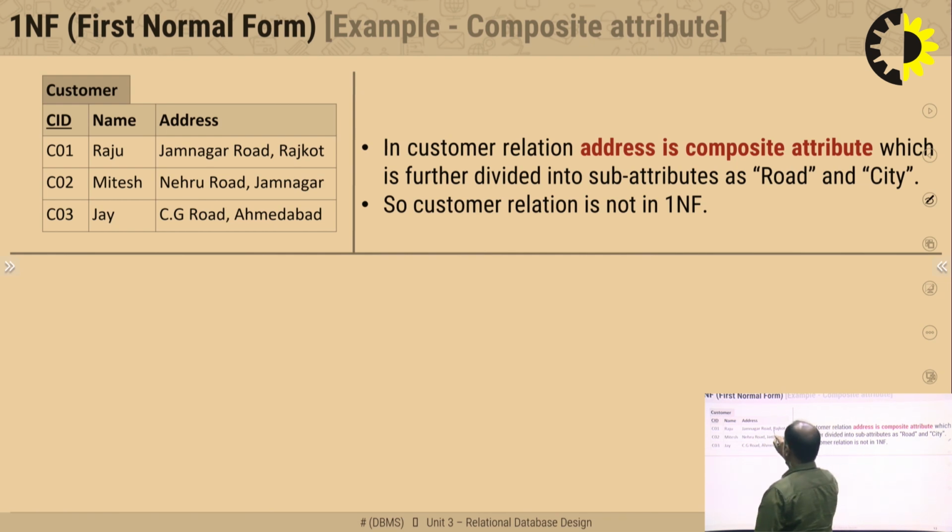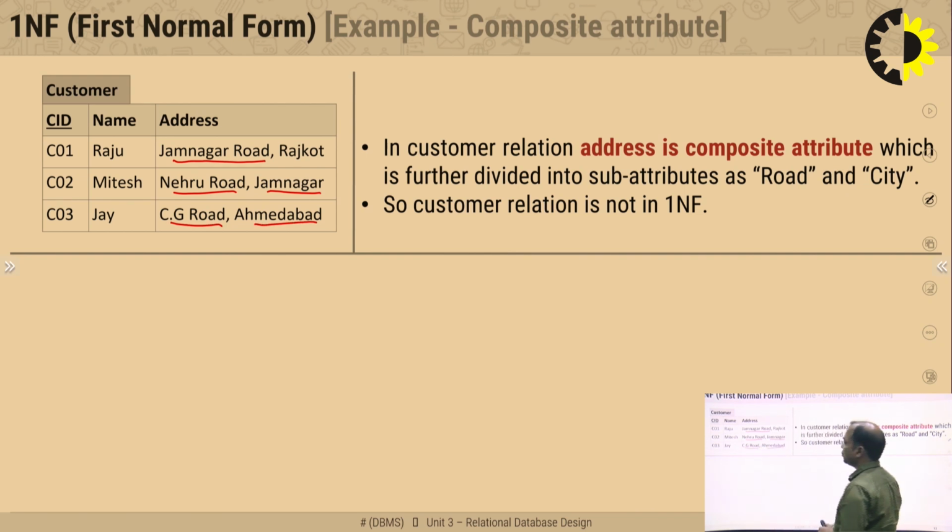Obviously the address has multiple parts: we have Jamnagar Road in Rajkot, Nehru Road in Jamnagar, CG Road in Ahmedabad. So in the customer relation, address is a composite attribute which is further divided into sub-attributes, road and city.